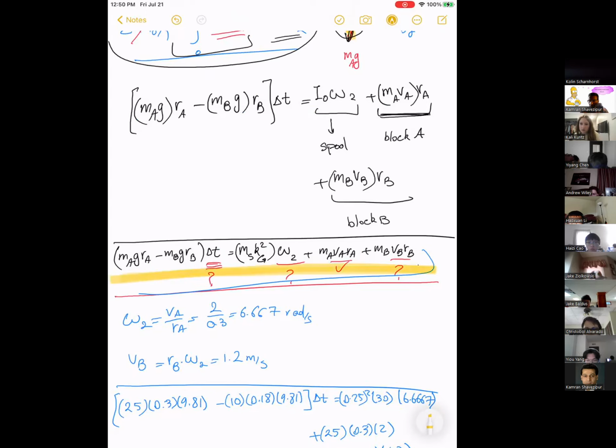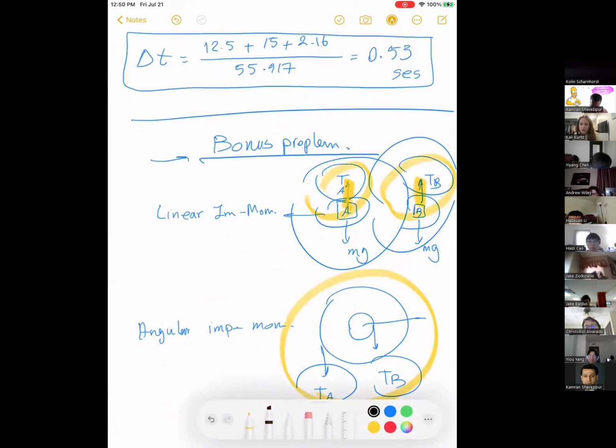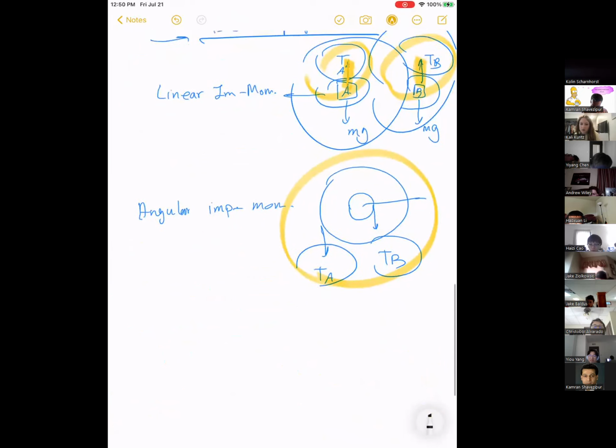Any question? And remember here for A, if A goes down, for forces, you're going to get mg minus TA, right? Because this is V, this is TA, this is mg, right?